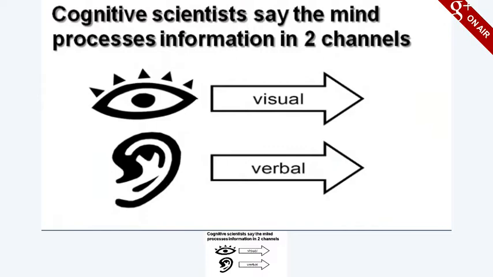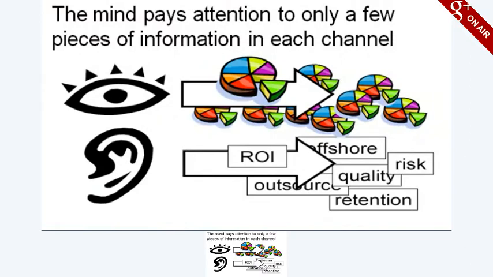Limited capacity is the concept that people can only pay attention to a few pieces of information in each channel at the same time. When an illustration is presented, the learner is only able to hold a few images in working memory at one time. These images reflect portions of the presented material rather than an exact copy of it.